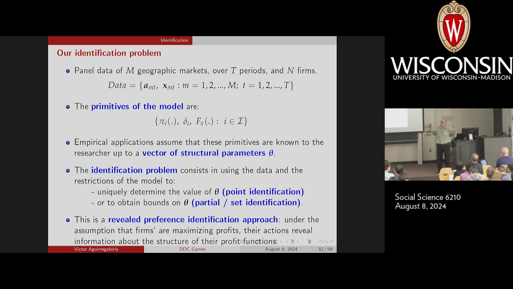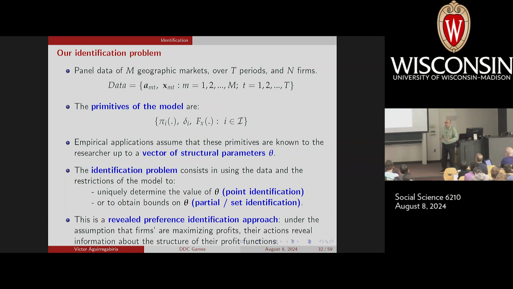Each market has an equilibrium, okay? Then what we observe, I'm going to assume most of the time, if not all the time, for simplicity, is that the researcher has basically the same information as a player in this game. It observes all the common knowledge state variables X, observes the actions, okay? And the only thing that we do not observe as researchers is the private information shocks, okay?